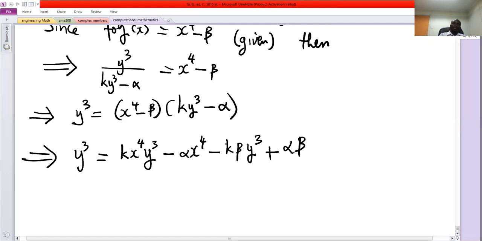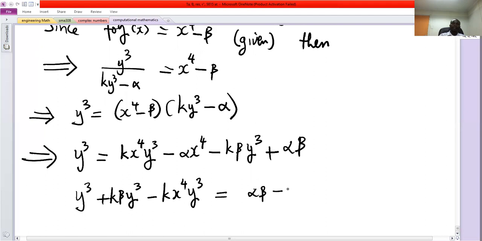Collecting terms in y together, we'll have y cubed plus k beta y cubed minus k x power 4 y cubed equals alpha beta minus alpha x power 4.